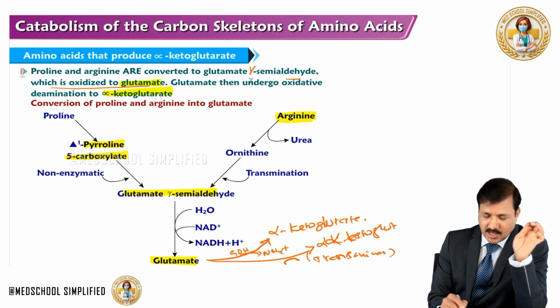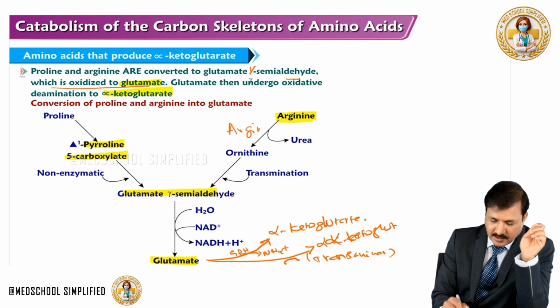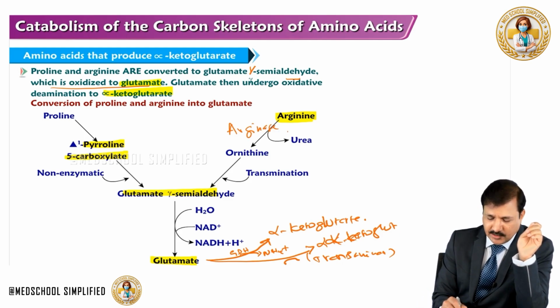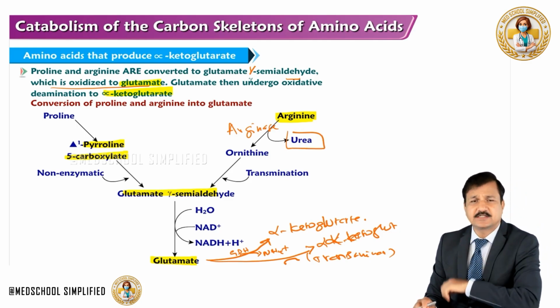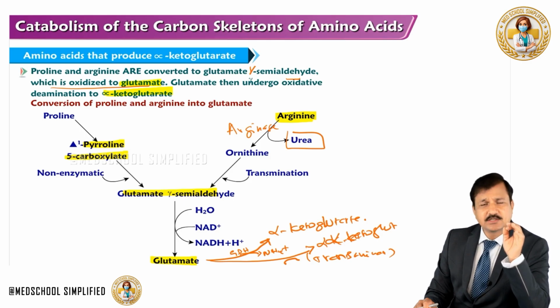Arginine undergoes the arginase reaction in the urea cycle. The enzyme here is arginase. The arginase enzyme breaks arginine into ornithine and urea, and that's how urea is made in the urea cycle.